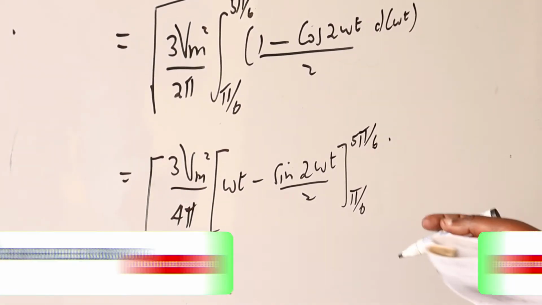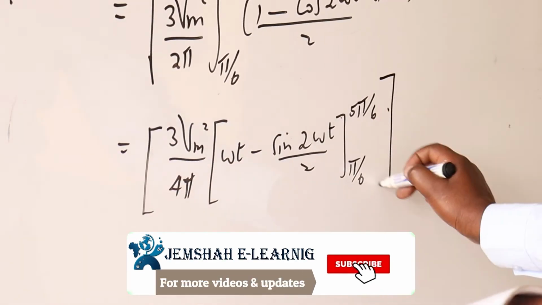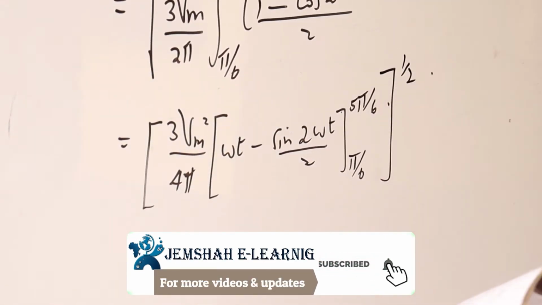Then we need to get the square root, which you can raise to a half.